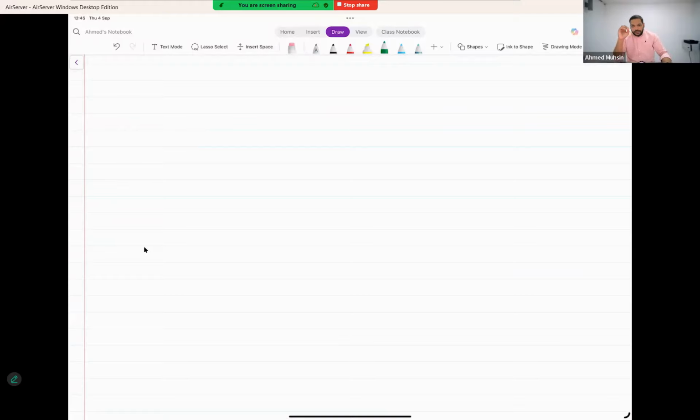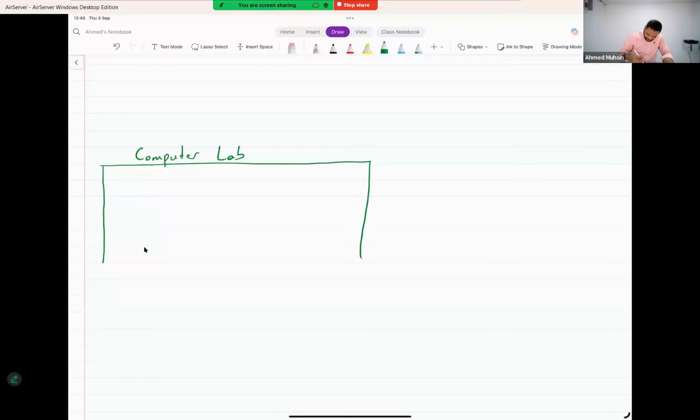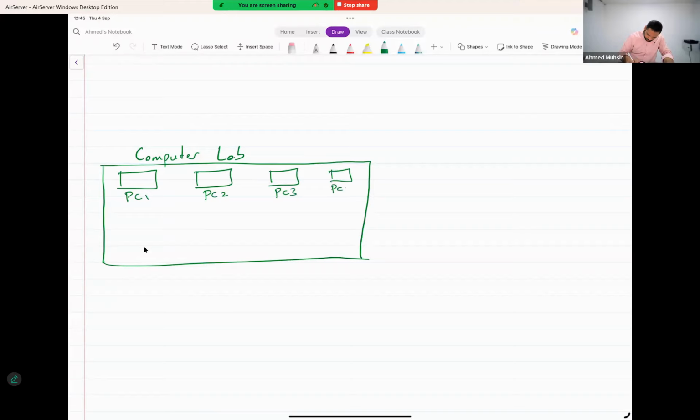Think about a school, think about a computer lab. You have multiple desktop PCs. So I'll just say computer lab over here. And inside this lab, we have multiple PCs. So I'll just say PC1, PC2, PC3, PC4, PC5, PC7, and then we have PC8.